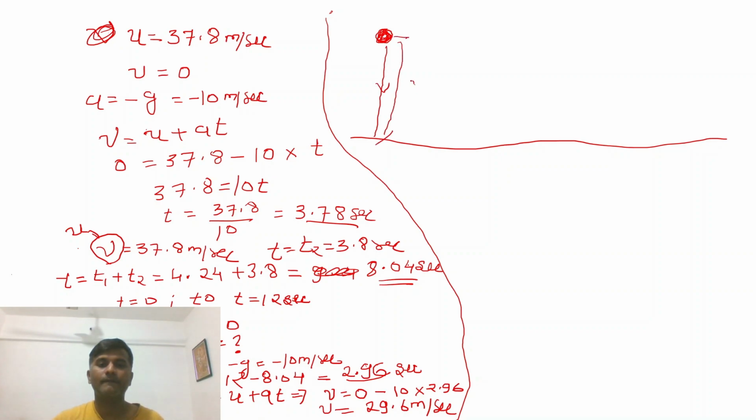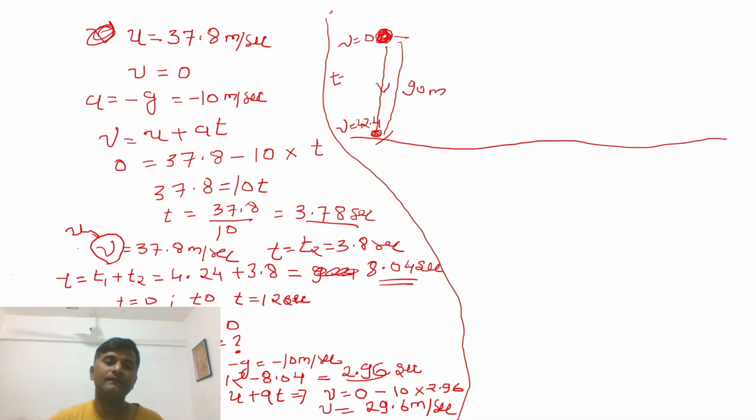Distance was 90 meter. What was the velocity here? Velocity was 0 here. What was the velocity here? It is 42.4 meter per second.